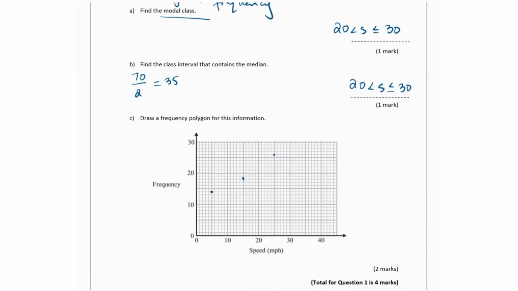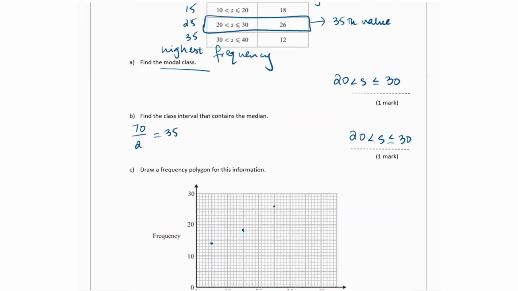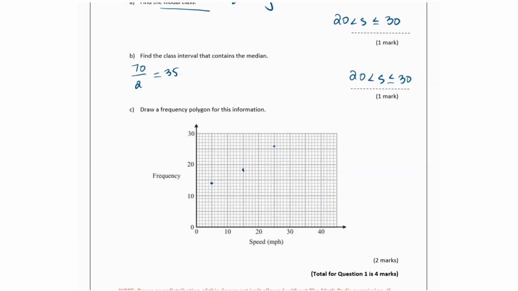And for 35, it's 12. Once you've plotted your points, we connect them with straight lines. As you can see, for a frequency polygon, we only use straight lines to connect the points. We don't use curved lines. We don't use bars, just straight lines, where the x value is the midpoint and the y value is the frequency for the corresponding interval.